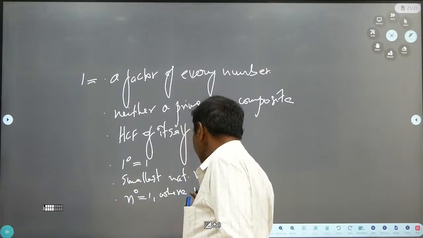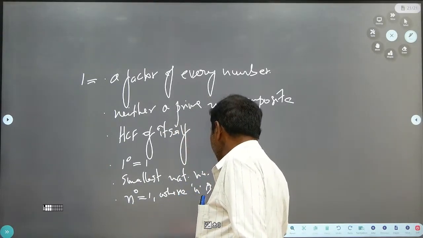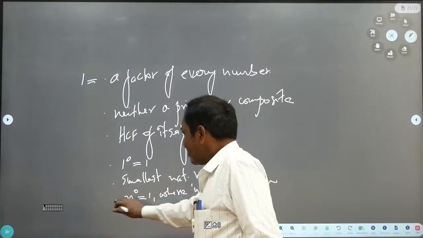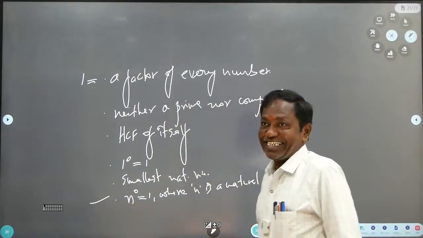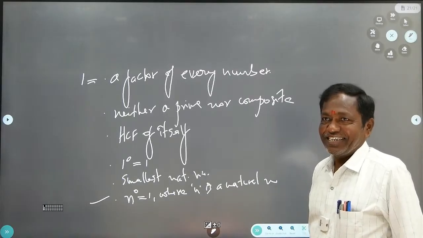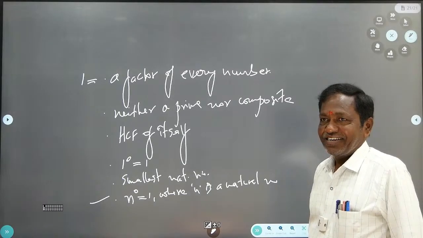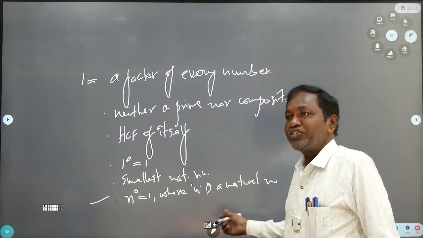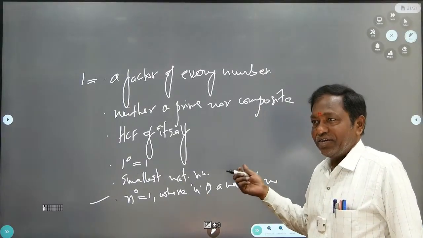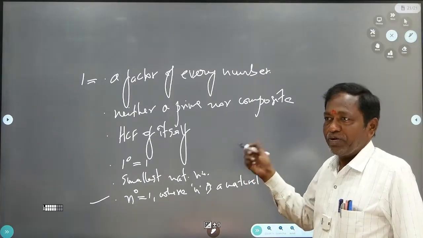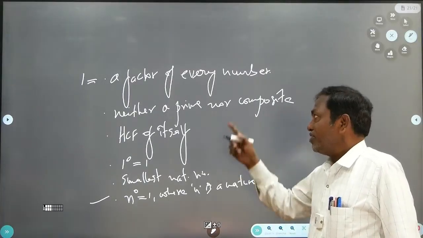This is where questions are asked. N may be any value: 1 to the power of 0, 2 to the power of 0, 3 to the power of 0, 4 to the power of 0, and so on. Always 1 is the value.